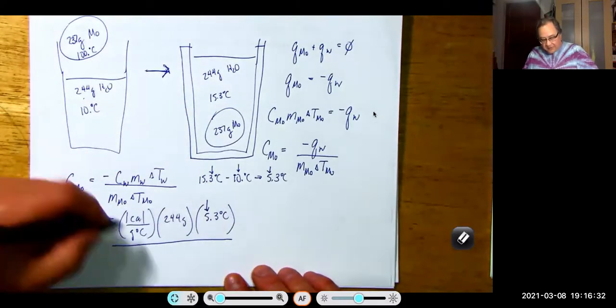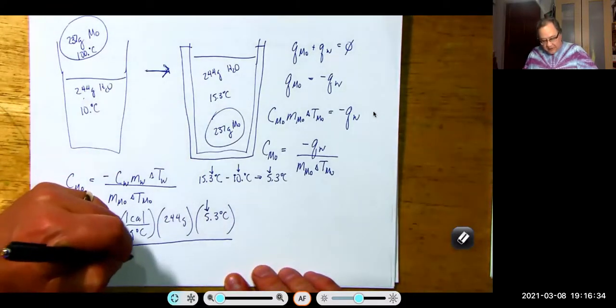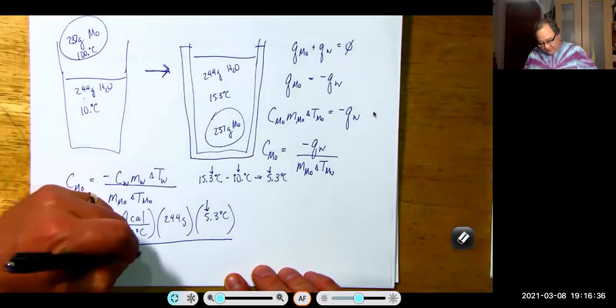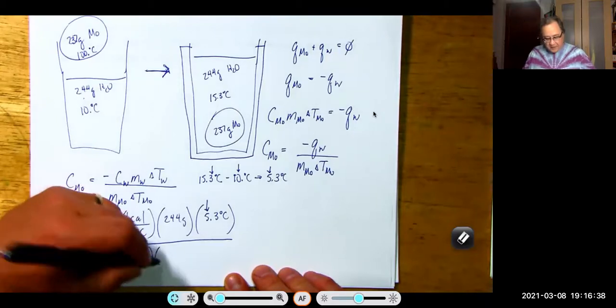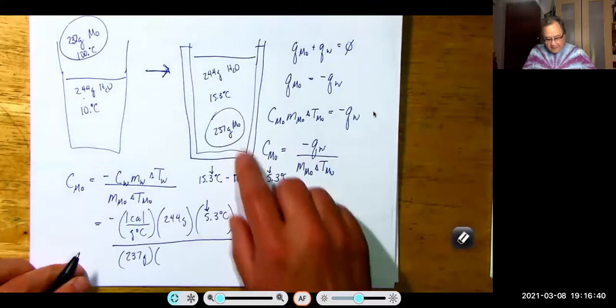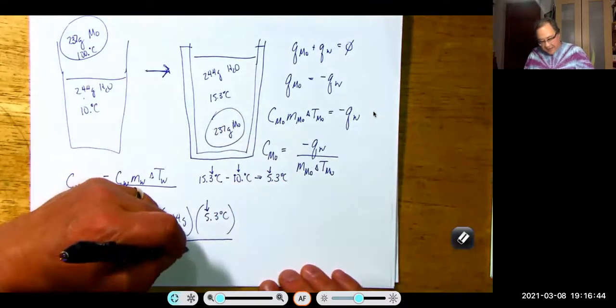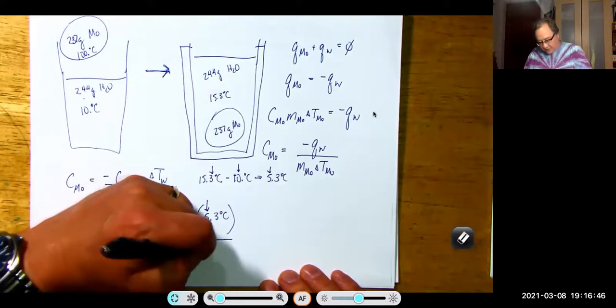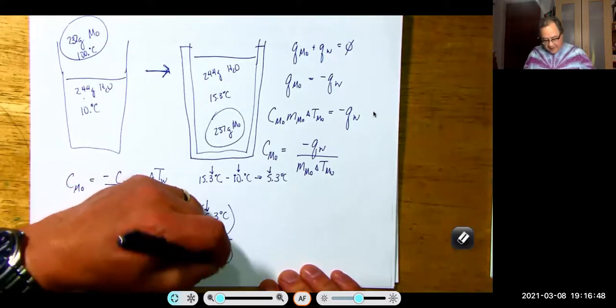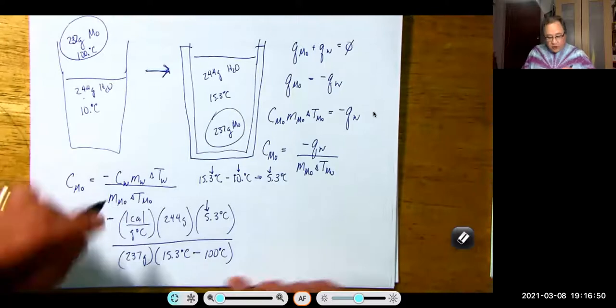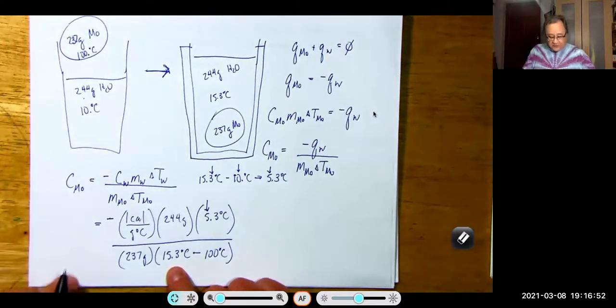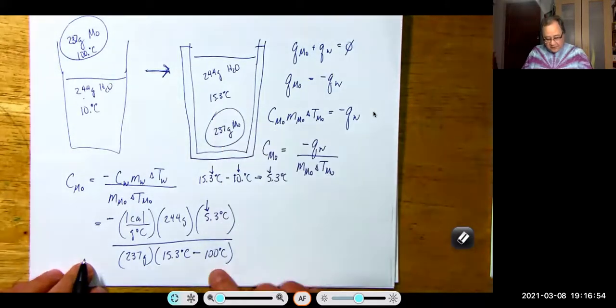Mass of the molybdenum is 237 grams. And the change in temp of the molybdenum is going to be 15.3 degrees Celsius minus 100 degrees Celsius. And I remember it's always final minus initial, and the final is 15, the initial's 100.